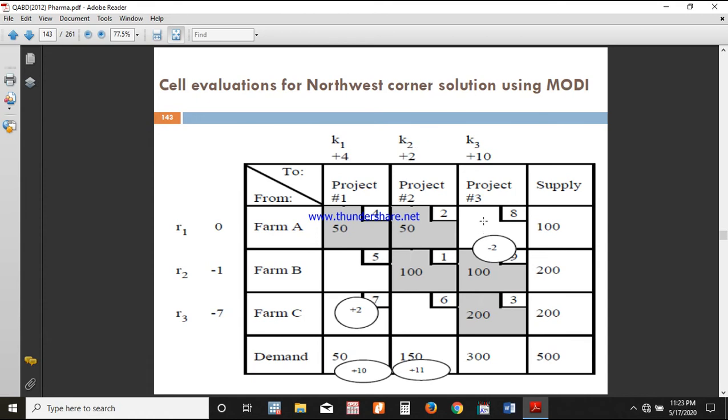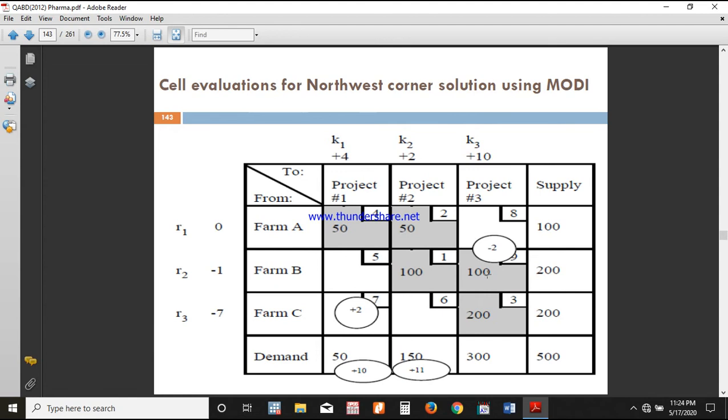Here it is impossible, because this cell A3 is unoccupied. Now we already have the K2 value, the value of column 2 is plus 2, and this cell is an occupied cell. Therefore, R2 plus K2 will become 1, so the value of R2 will clearly become minus 1.